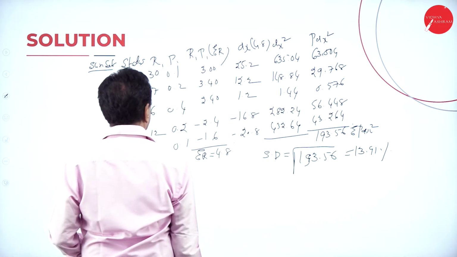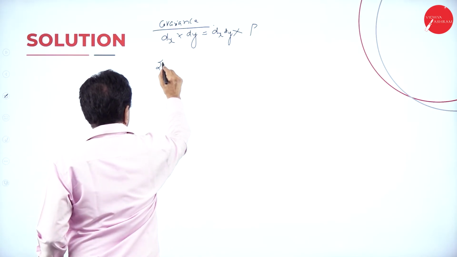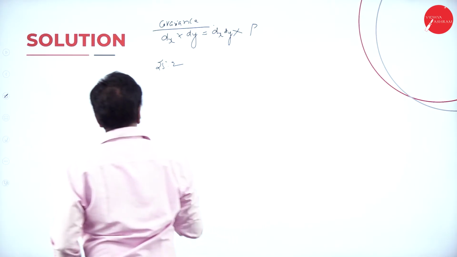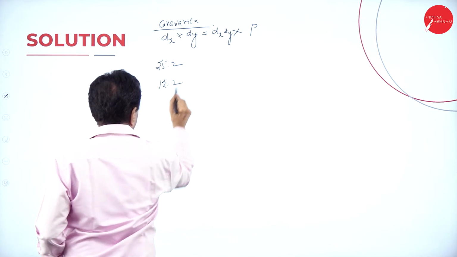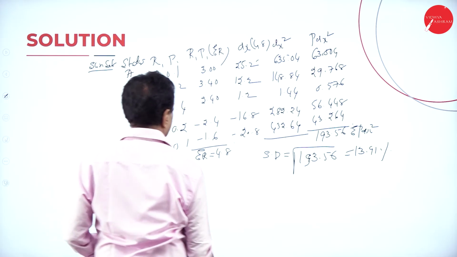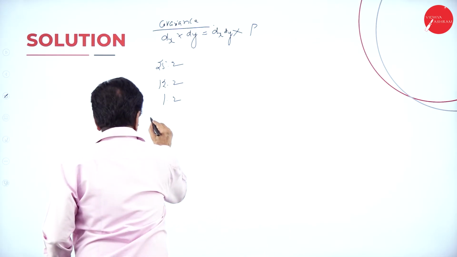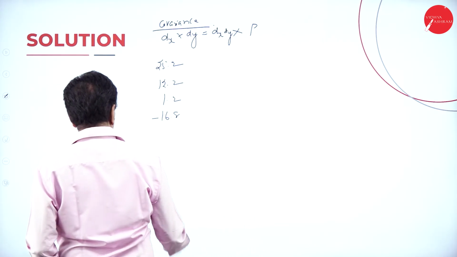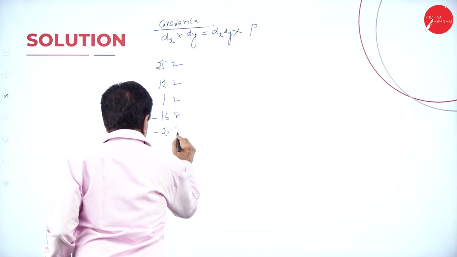Dx is 25.2, 12.2, 1.2, minus 16.8, minus 20.8. Then dy.